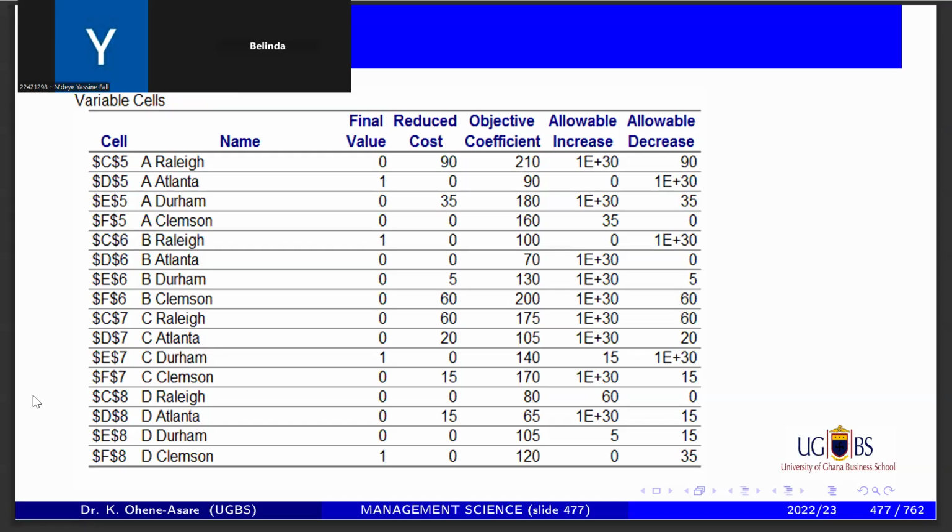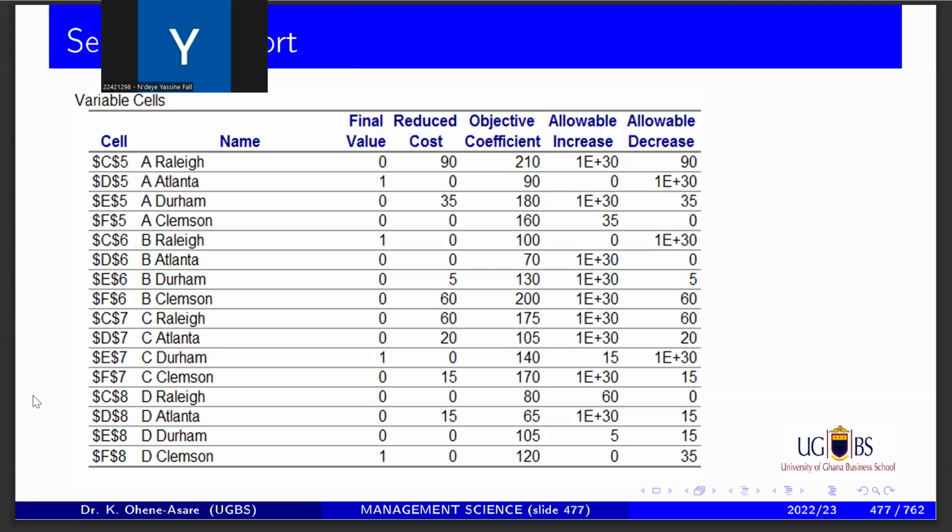You increase the cost by 90, or increase the distance by 90. Exactly. You increase the distance by 90. Is that good or bad? Bad. That's it. Okay, so right now, as it stands, if you want to get your minimum distance, don't send official A to Raleigh.